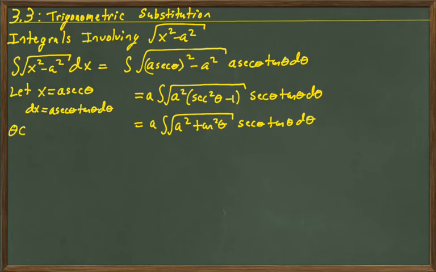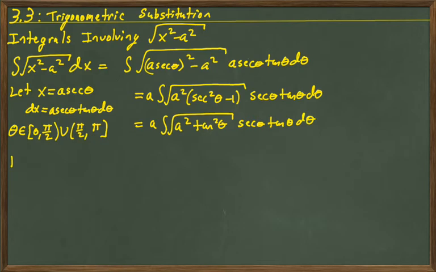where the theta is. Okay, so I think with our book we are using the restricted domain for the secant as 0 to pi over 2, not including pi over 2, and then pi over 2 to pi, again not including pi over 2. That's the restricted domain. So the tangent is going to be positive in quadrant 1, but it will be negative in quadrant 2.